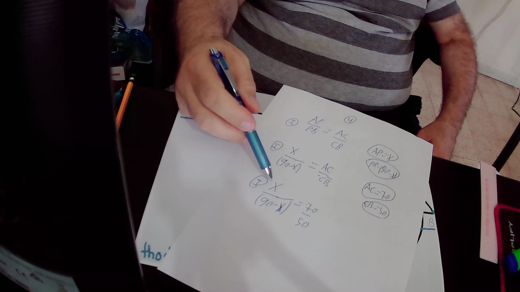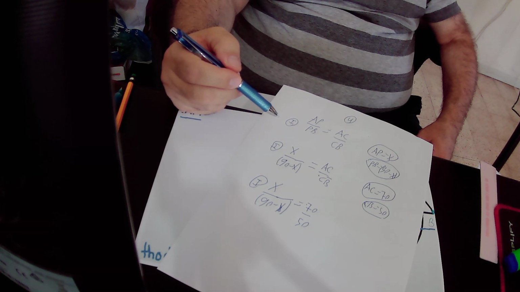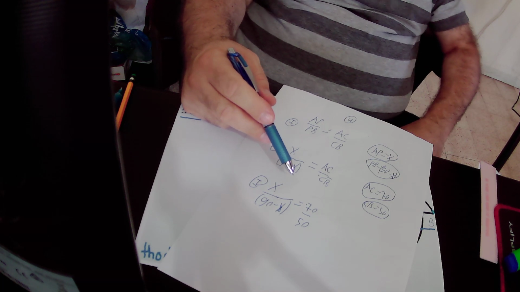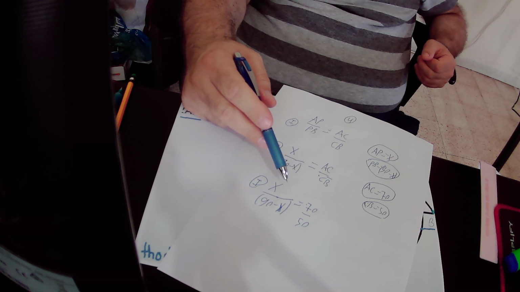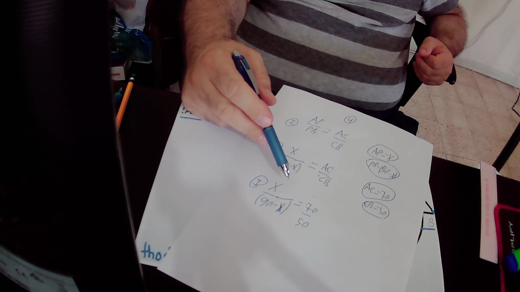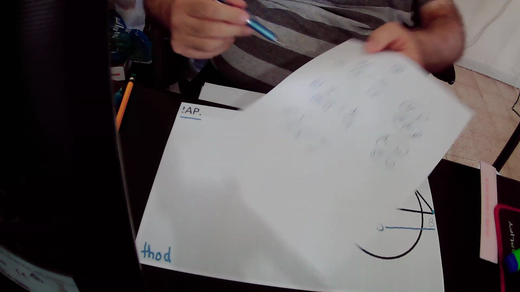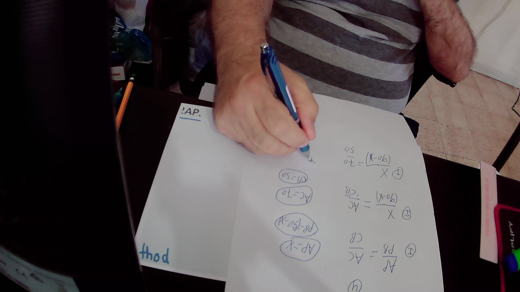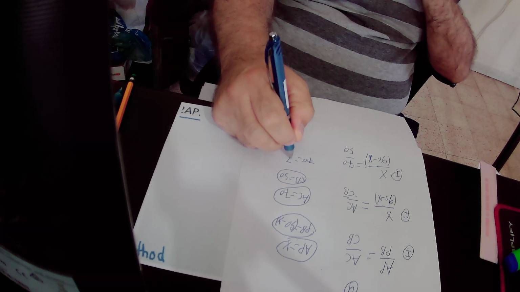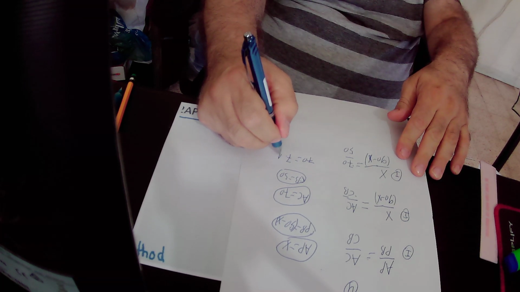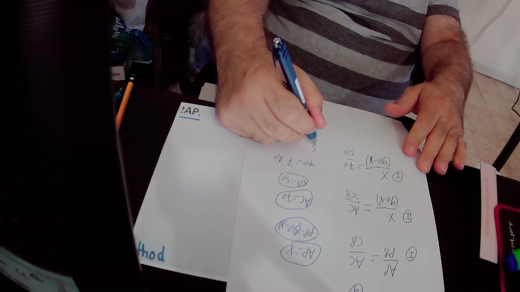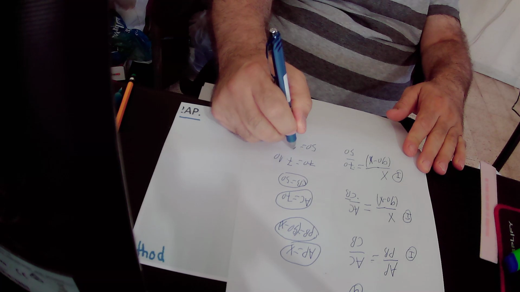Okay, now 70 equals 7 times 10 and 50 equals 5 times 10. So I write it down: 70 equals 7 times 10 and 50 equals 5 times 10.